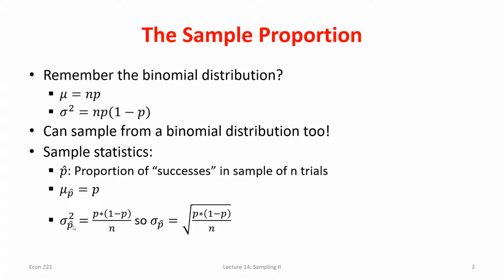Now the variance for our sample proportions will just be whatever the variance was for the original population proportion, which would just be p times 1 minus p, because remember, this was the variance when we wanted the number of successes. Now that we want the proportion of successes out of n, we just divide this by n. So the original variance we sampled from was p times 1 minus p, so the variance for our sample proportions would just be that original variance divided by whatever sample size we take.